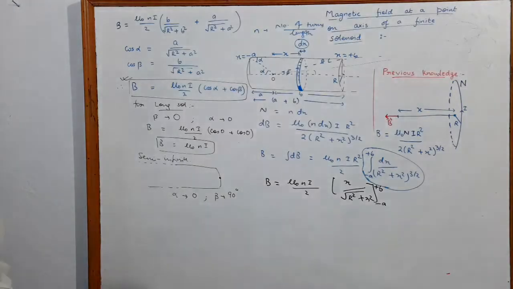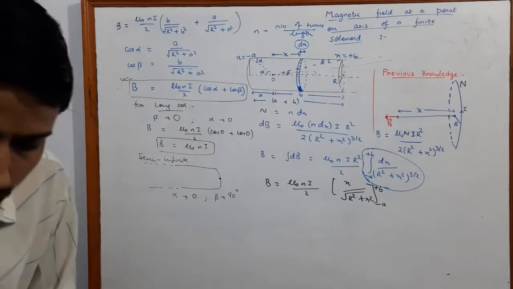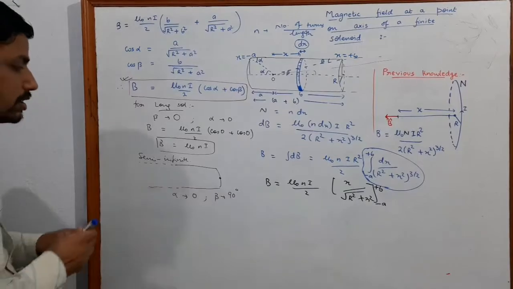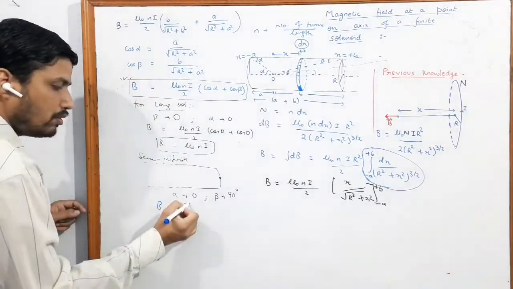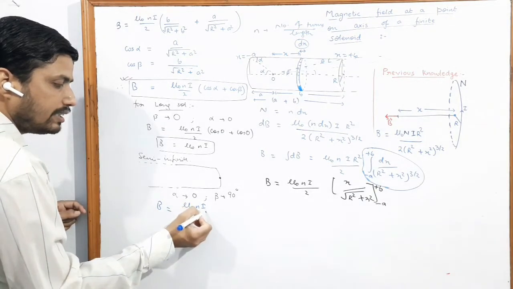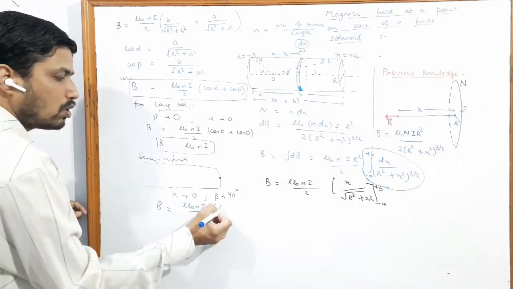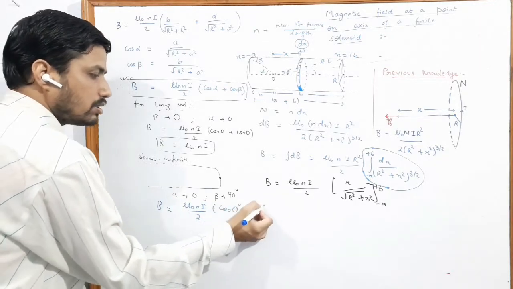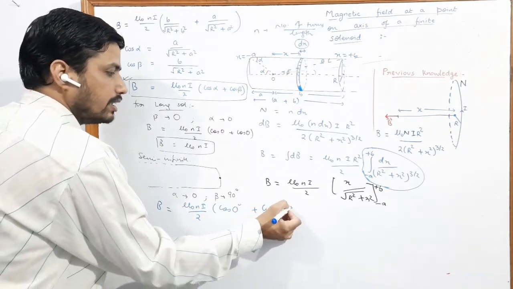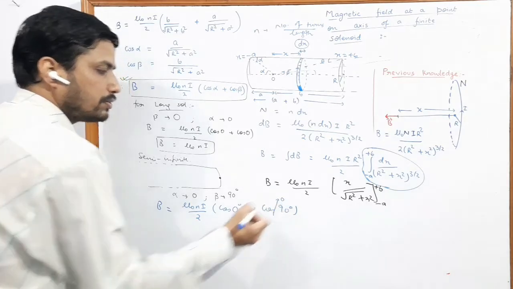So with these particular limits, our equation would give us the result B is equal to mu naught n I upon 2 times cos alpha, where alpha is 0 degrees, plus cos 90 degrees. What is cos 90? 0.